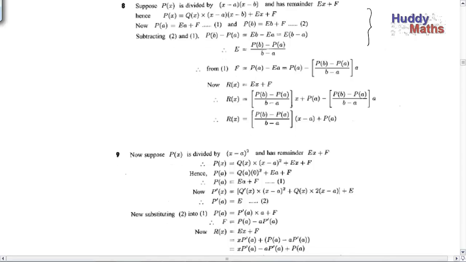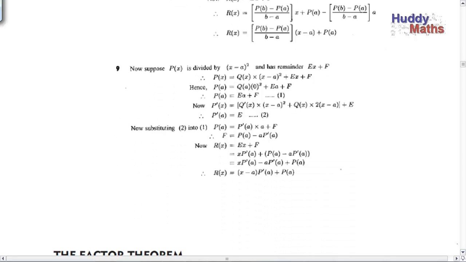Then in 9, there we have question 9. Please note here the generalization of the remainder, because you're dividing by a quadratic, effectively repeated linear terms multiplied together, then the remainder could have an x still in it, and you must have that general ex plus f there.